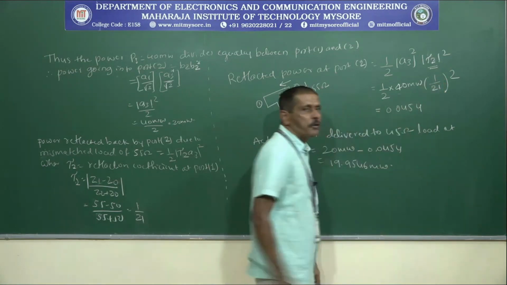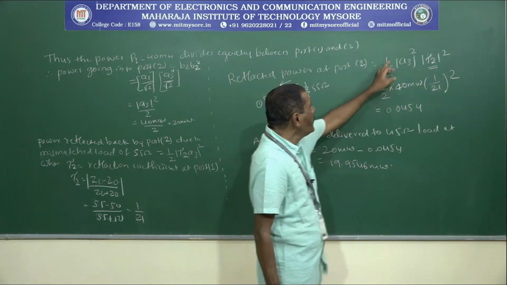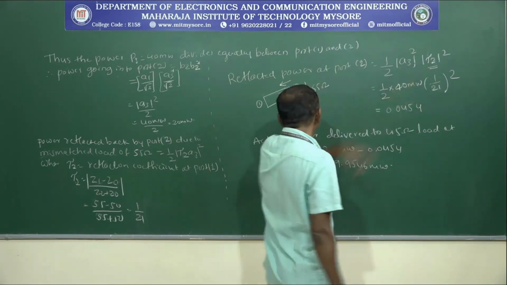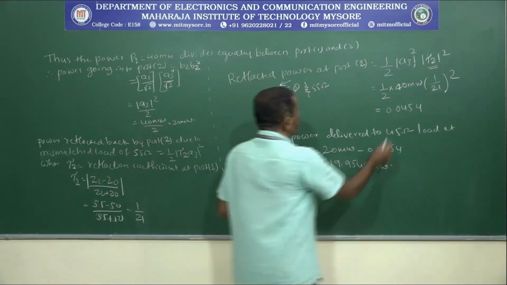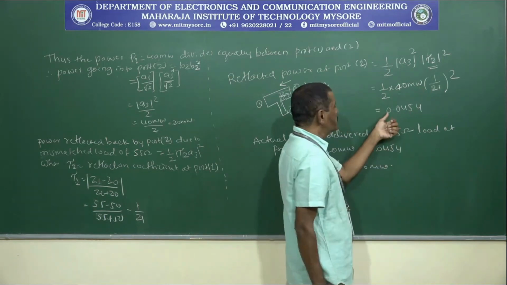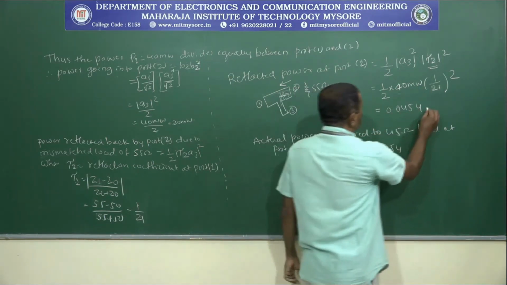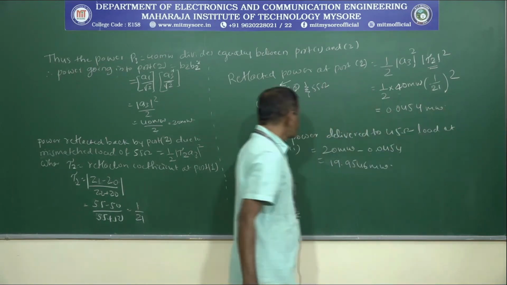I will substitute 1 by 21, and 1 by 2 A3 square is the power fed at port number 3, which is 40 milliwatts. So this is equal to 0.0454 milliwatts.